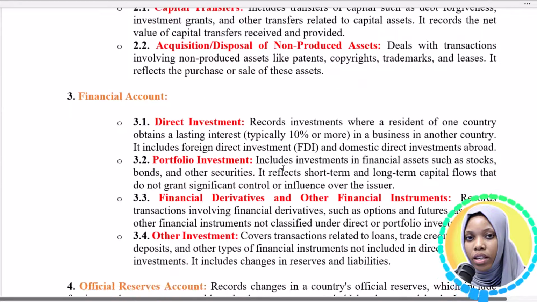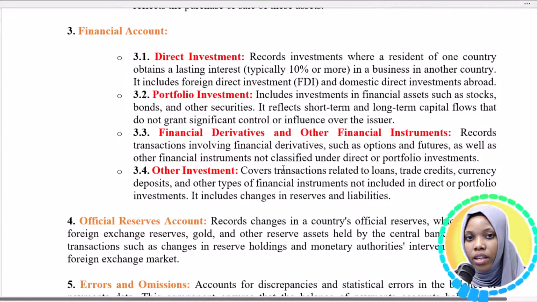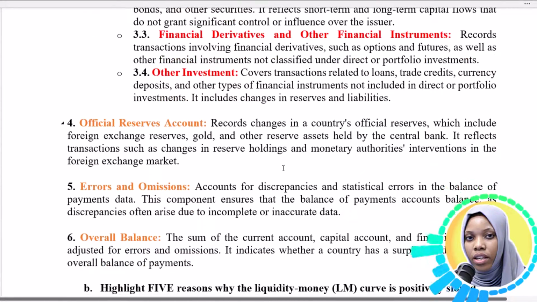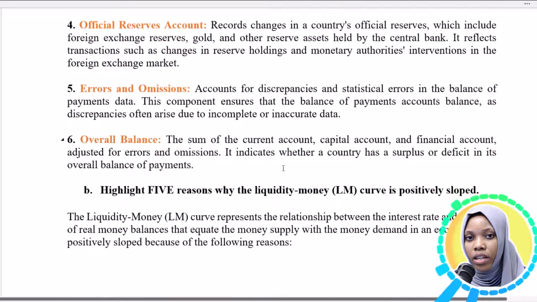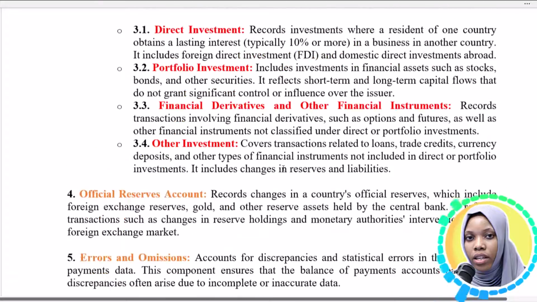Another component is the financial account, which consists of direct investment, portfolio investment, financial derivatives, and other investments. Another component is the official reserves account. Then there's errors and omissions. And the last component that we have is the overall balance.